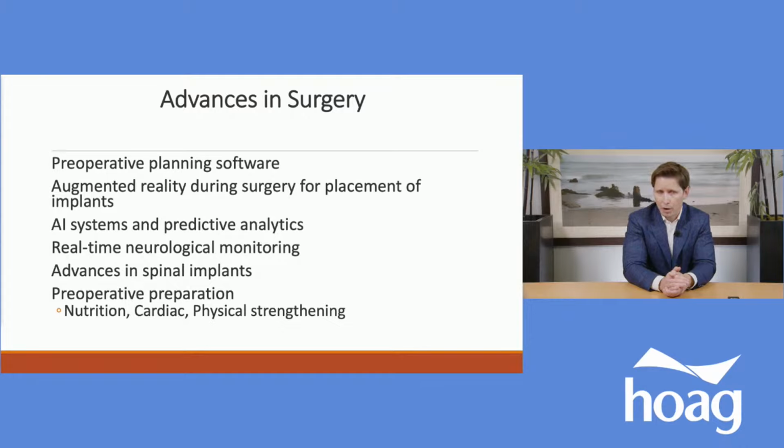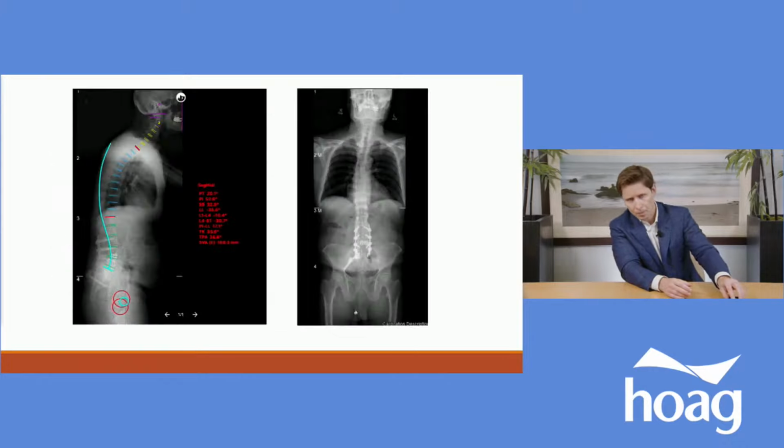We have improved our real-time neurological monitoring. We have also seen tremendous advances in spinal implants, and also in how we think about what a patient needs to do in order to prepare for such a surgery, some of which include nutrition, cardiac, and physical strengthening.